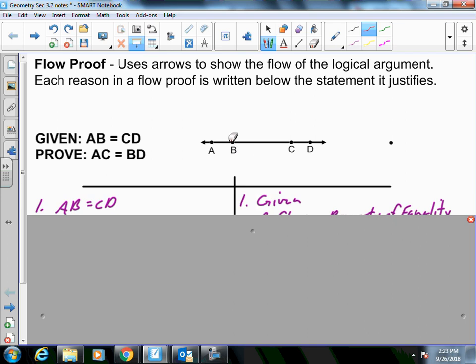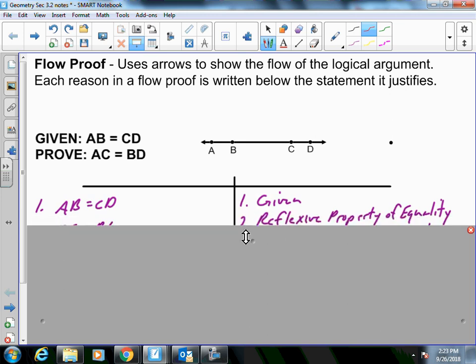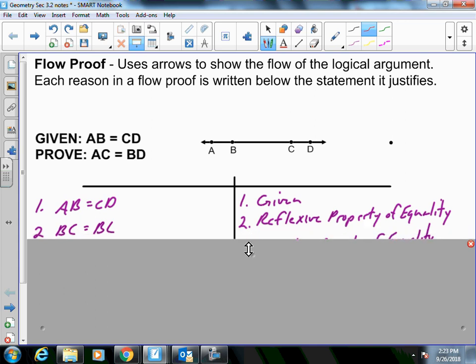To go from AB to AC, we've got to add this big chunk of BC. And the same thing to go from CD to BD: we also have to add BC to CD. So since we're going to add BC, we need to bring it into the proof to start off with, saying that it is equal to itself by the reflexive property of equality.